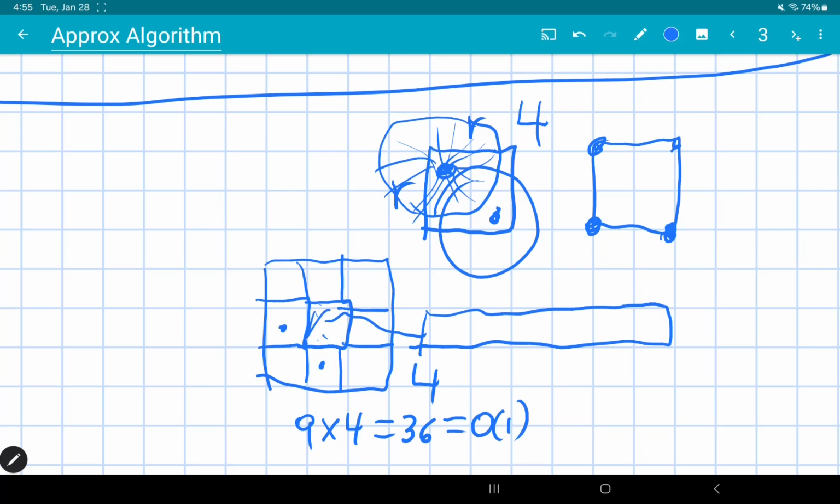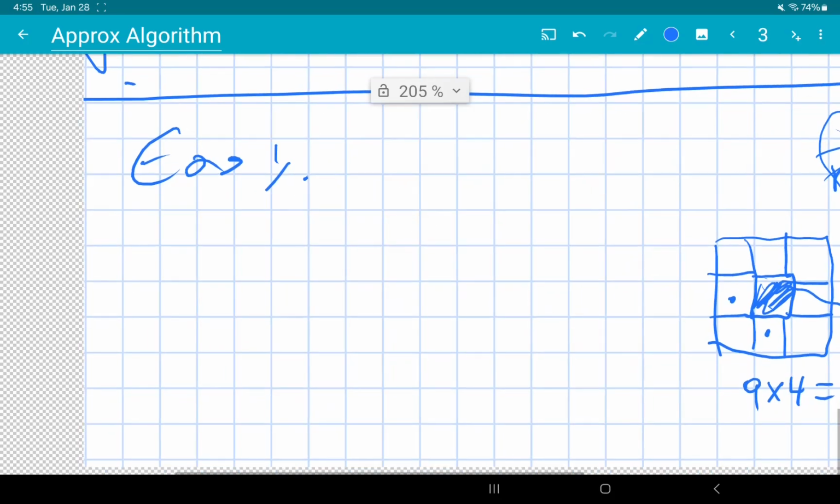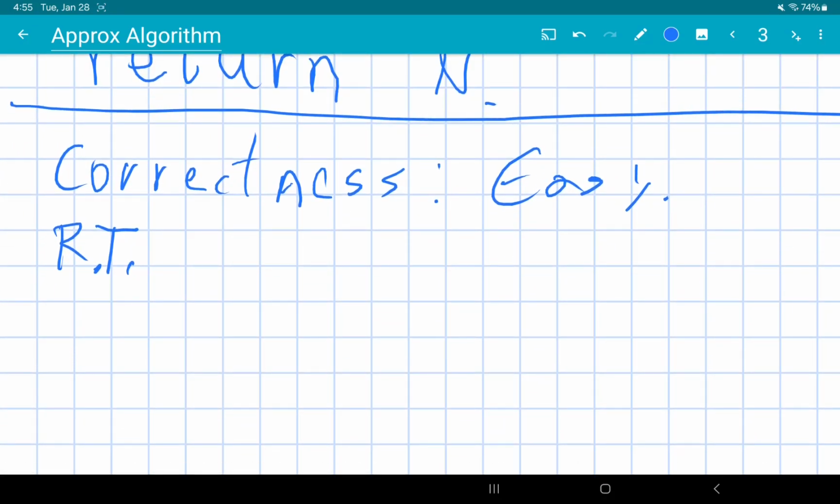So the list of this cell would be scanned at most 36 times. So every time we scan a point, it can happen at most 36 times. We have to pay only for the price of scanning the point. That really is the only quantity in this algorithm. It's not obvious how to bound, but since every point gets scanned at most 36 times, it follows that the overall running time of this algorithm is O(n).